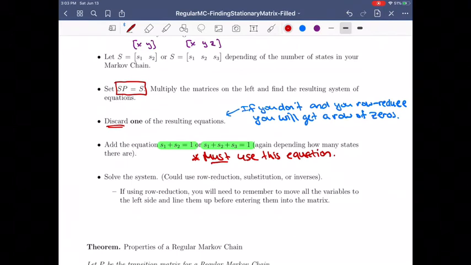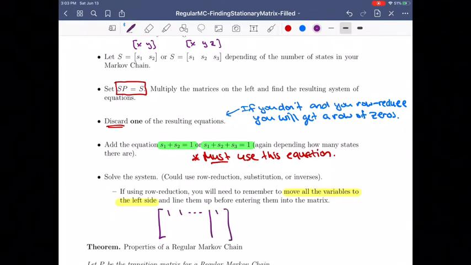One comment, if you're using row reduction, remember to move all the variables to the left side, because you're going to have your variables on the left and the right. Before you can enter it into a matrix, you need them all on the same side. And when you row reduce, put the nice equation on top, so you're going to have a row of ones on top.